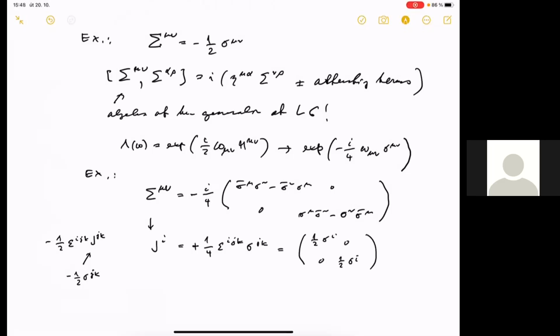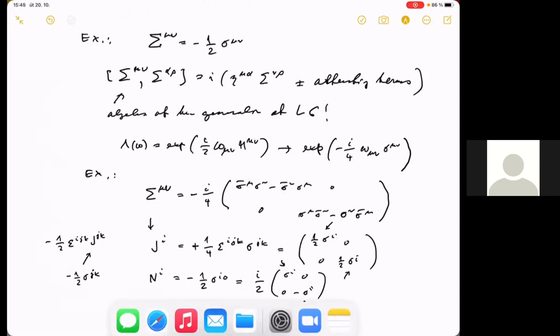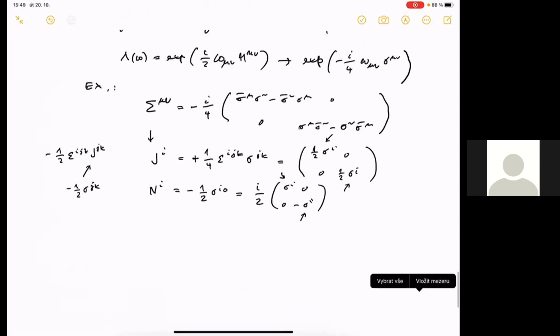That means this is the generator of the right-handed rotations, and this is the generator of the left-handed rotations. Similarly, the generators of boosts are now just minus 1/2 sigma i, 0. If you calculate this, you obtain i over 2, and here is sigma i, 0, 0, and minus sigma i. These are the generators of the boost in the right-handed representation, and this is the generator of the boost in the left-handed representation.